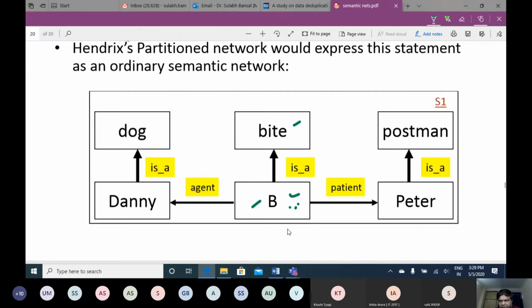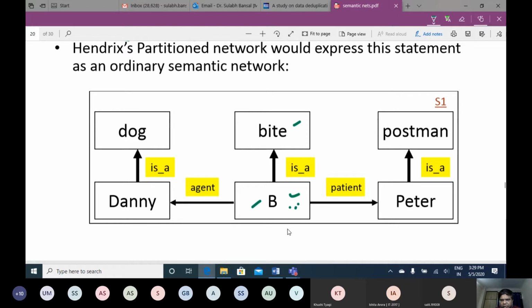You can access them independently, change them independently, check them independently, validate them independently, and then you can link them together, the entire list of programs together, whenever you want to execute the entire solution. So a similar kind of concept is this partitioned network.